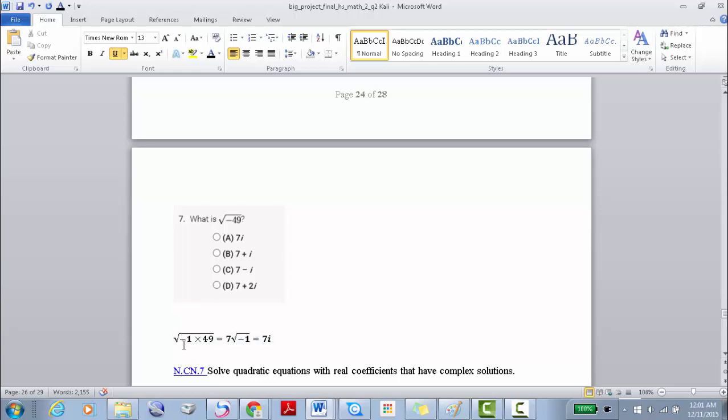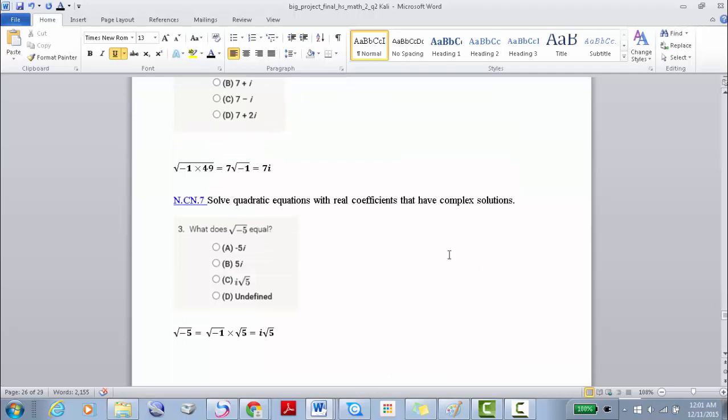First of all, we take i squared, which is -1, and we multiply it by 49. So we took the negative separately and made it -1. Then we find the square root of 49, which is 7. So the answer will be 7 times the square root of -1 equals 7i, because i is the same thing as the square root of -1.